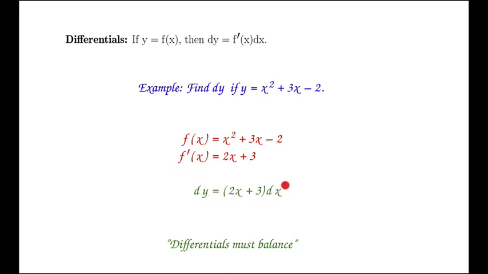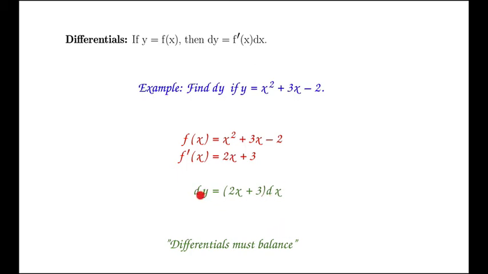So let's talk a little bit about what the dy and the dx really are, and why we say they must balance. Well, dy and dx we can think of intuitively as infinitesimally small quantities. And what we're saying is if we have an arbitrarily small, infinitesimally small quantity on this side, this equation only makes sense if we have another infinitesimally small quantity, dx, on this side.